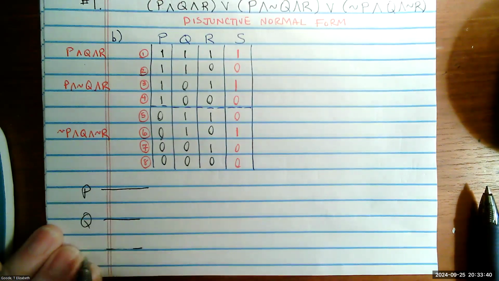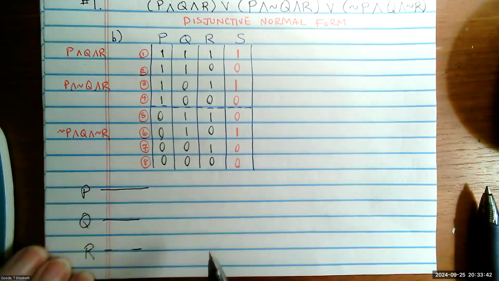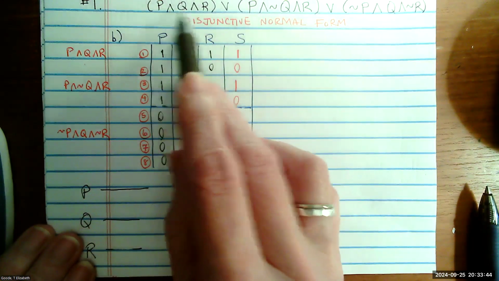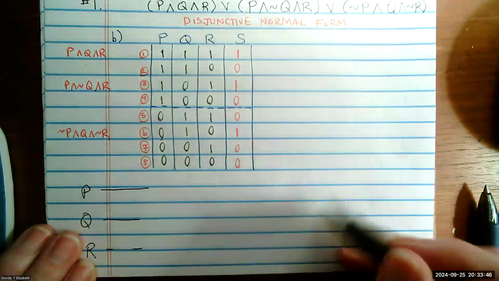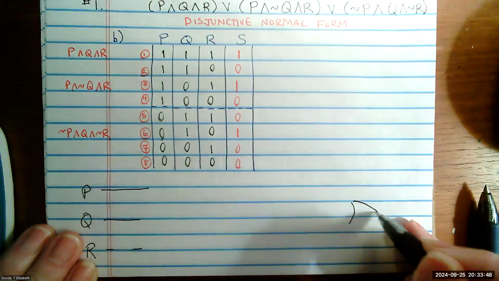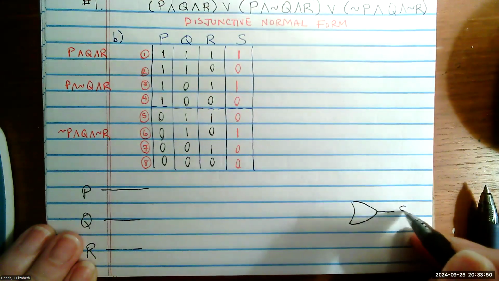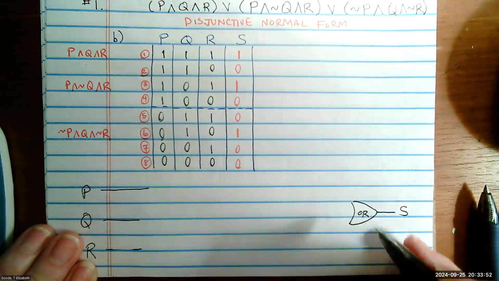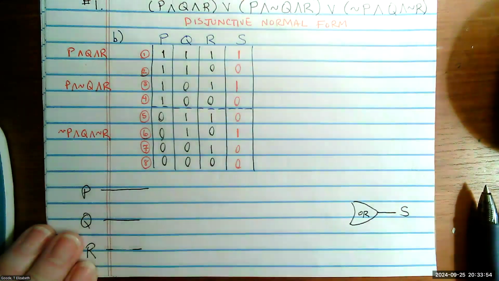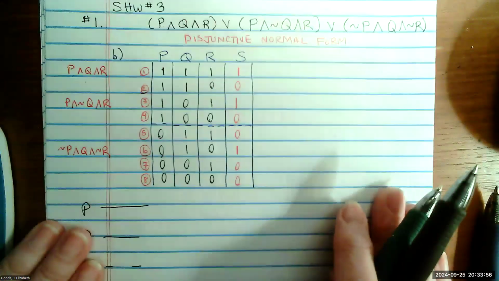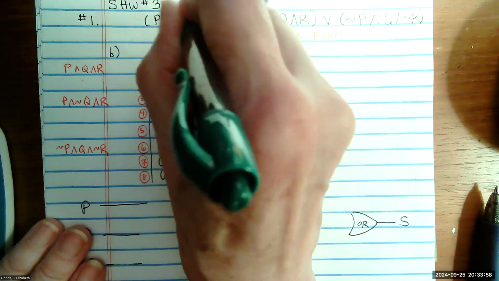You know, you got a P, you got a Q. And the nice thing about disjunctive normal form too is because we know we're going to AND together stuff. And then at the end, there's going to be a big fat OR gate, because the OR happens last, right? This is like 3 different situations where we want to get a 1.